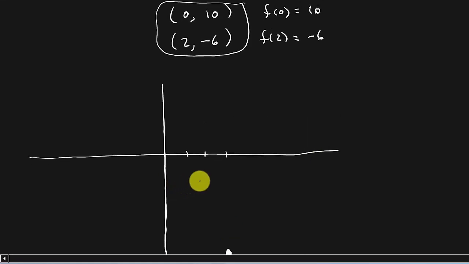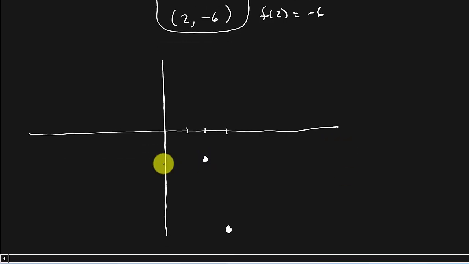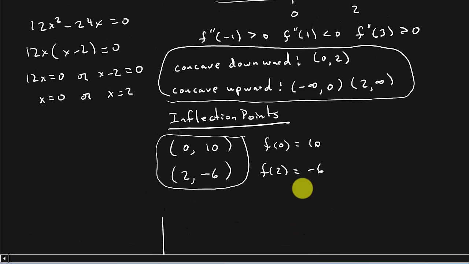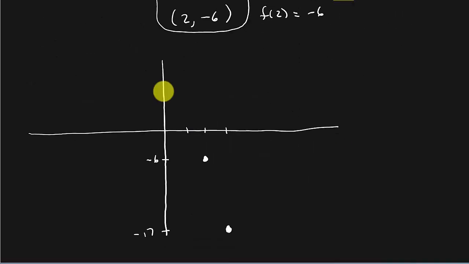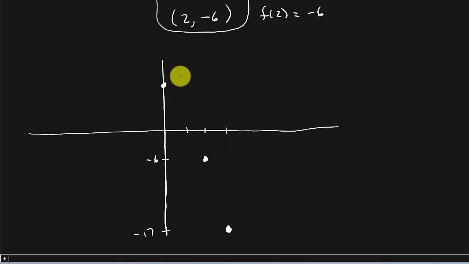And 2, negative 6, that's probably going to be about right in there. Okay, we'll just say that's negative 6 and that's negative 17. Numbers are pretty big. That's the point (2, -6). And then we got (0, 10). So we'll call that about right in there, that's 10.